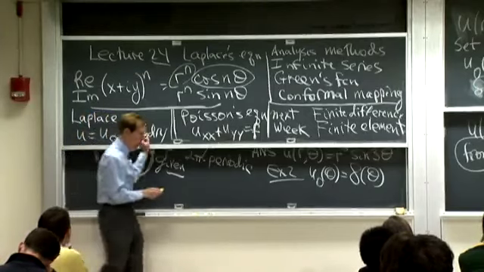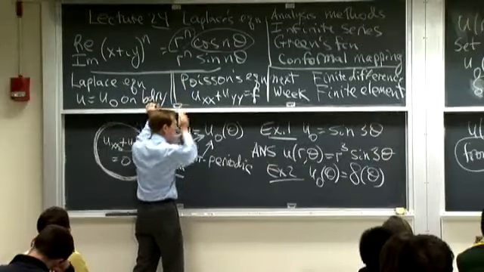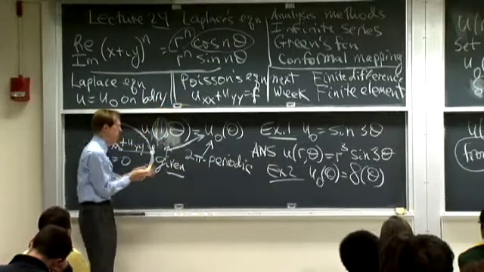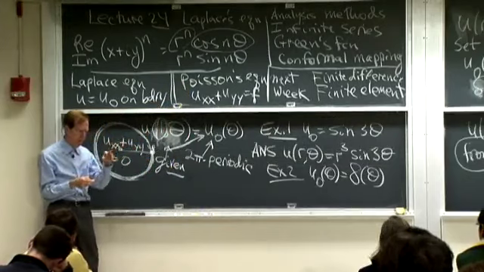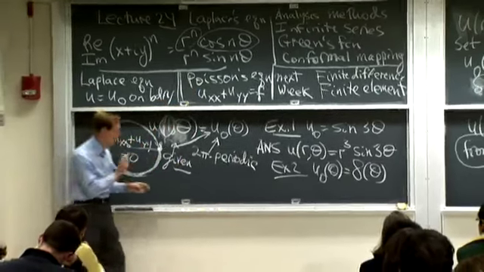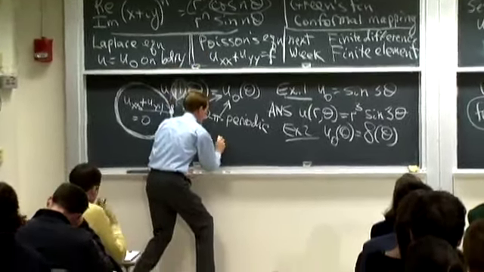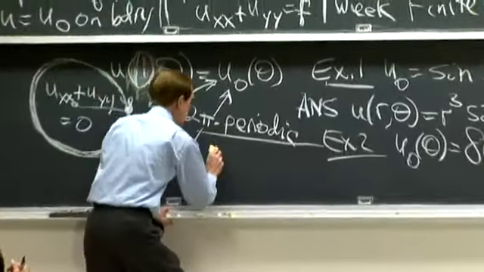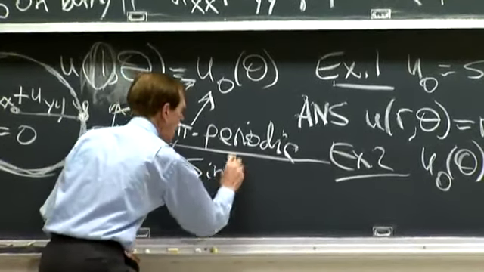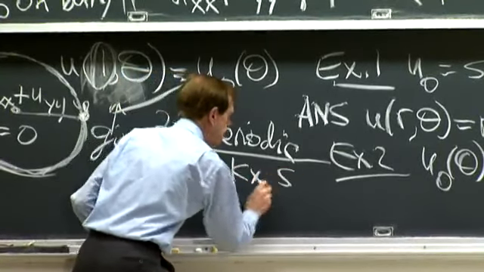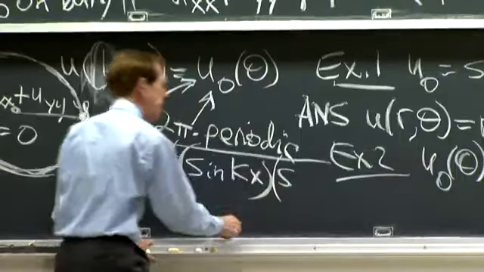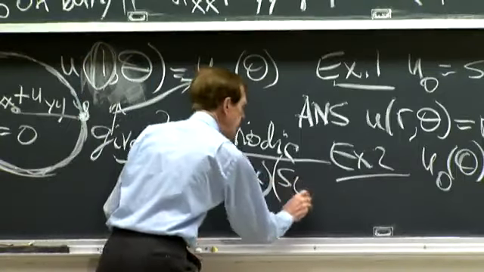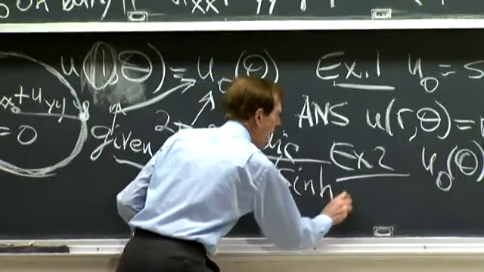Maybe there's a homework problem. Another solution that separates x from y, so this would be another family, good for squares, something like sine kx times sinh ky, so this separation is something in x times something in y.